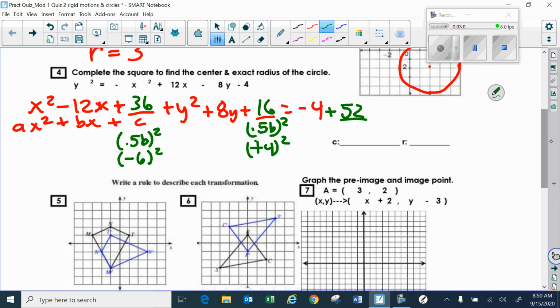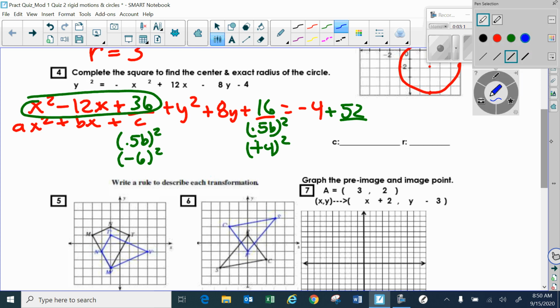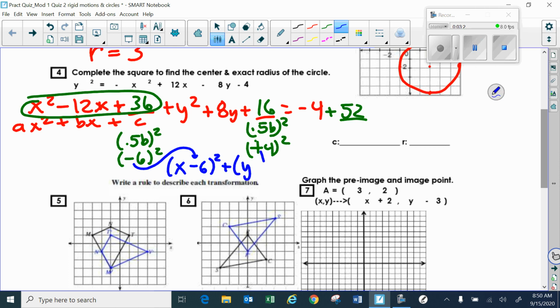Okay, so now for factoring this perfect square trinomial, as I told you, you can go ahead and just slide that -6 right into here. So x minus 6 squared plus y plus 4 squared equals 52 minus 4 is 48. Okay, so there's my standard form.